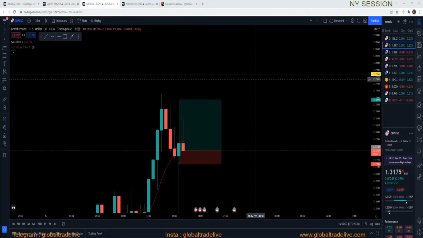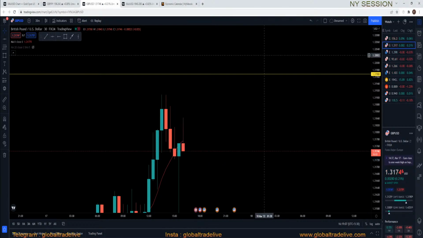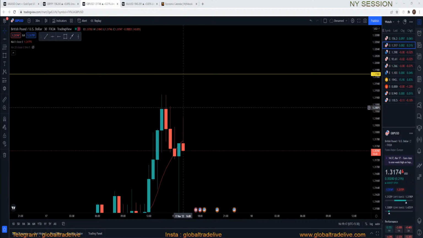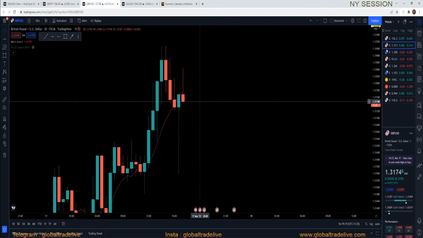Closed everything at break even now, because now the 30 minute has broken its own low and it's rejecting these rejection areas. Now the probability is it can push the price down and fill this wick over here.